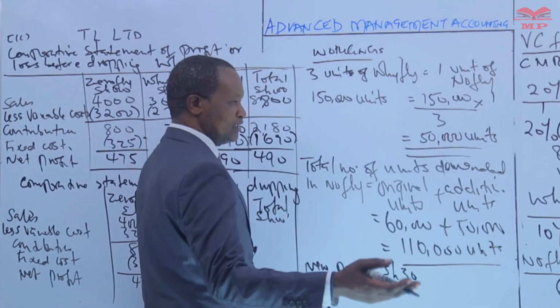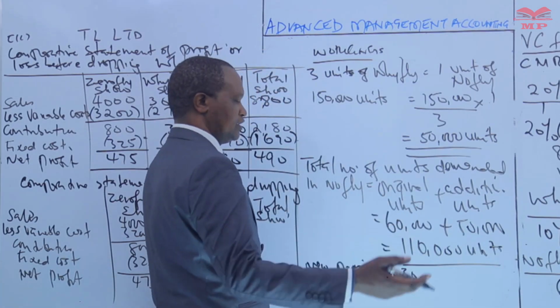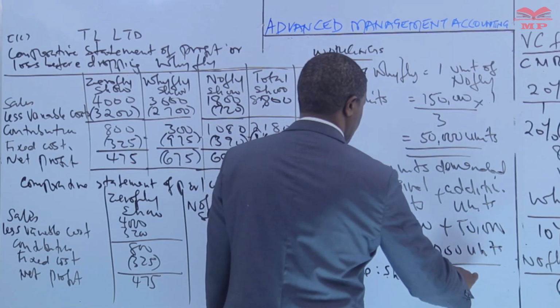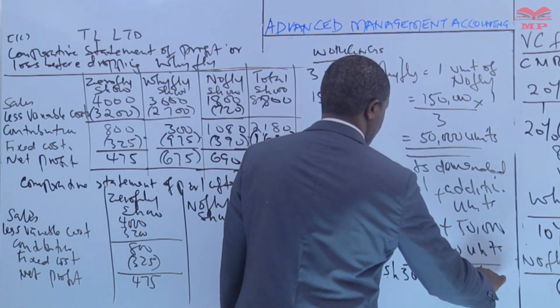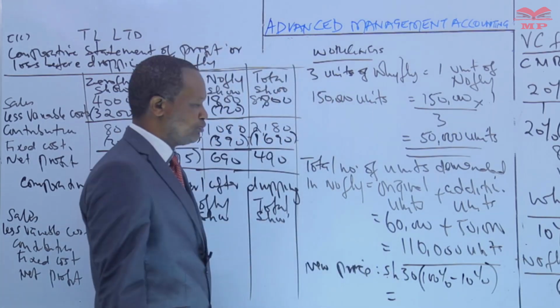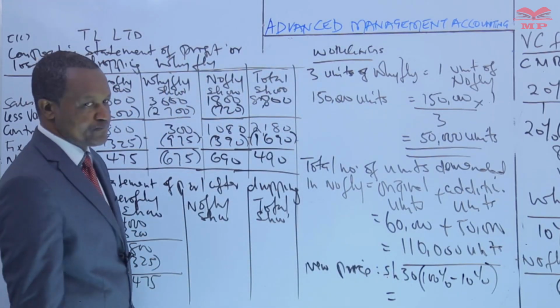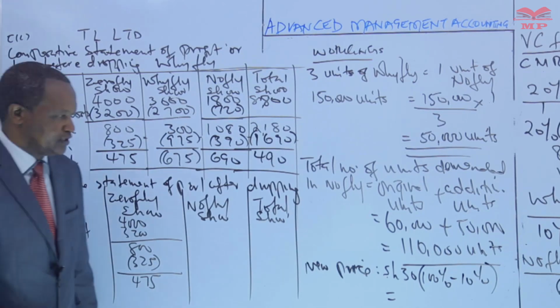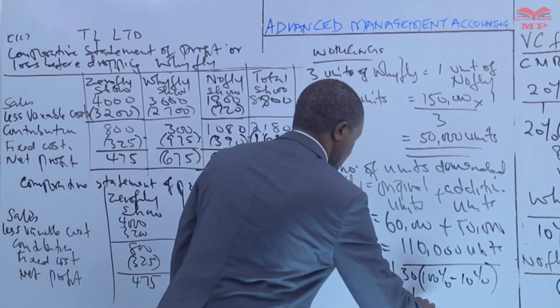That is 100% minus 10%, that is 90%. How much is it? That will be the new price, which is 27. Yes. Corey says 27.